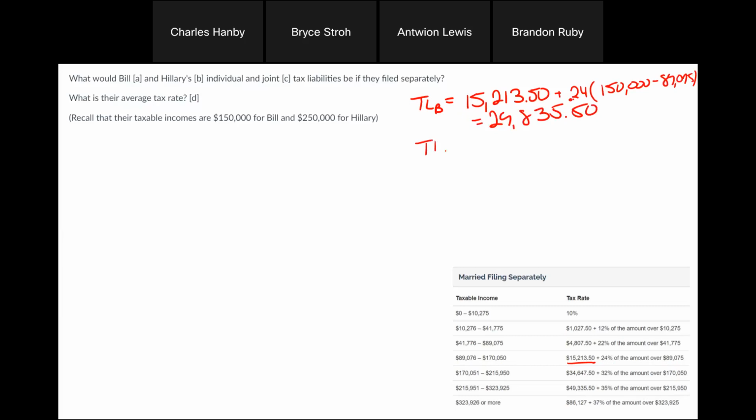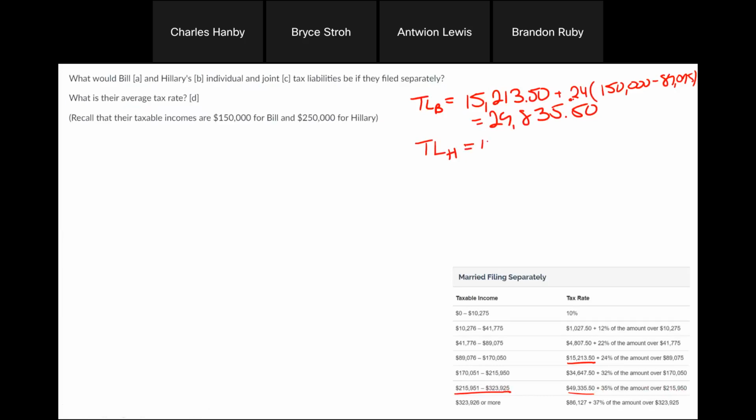So now Hillary, she's got 250,000, so she's in this tax bracket. So she's going to pay $49,335.50 plus 35% of the amount over $215,950.